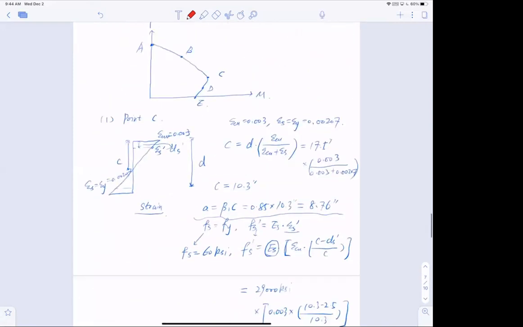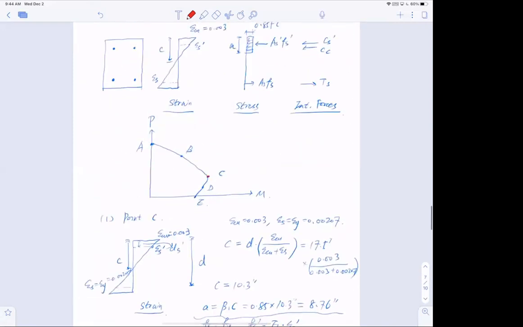To mark it on my curve here, this is essentially C, and I can write down P equals 350.2 kips, M equals 310 kip-feet, and eccentricity equals 10.66 inches.